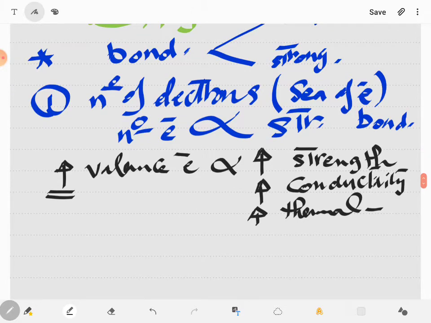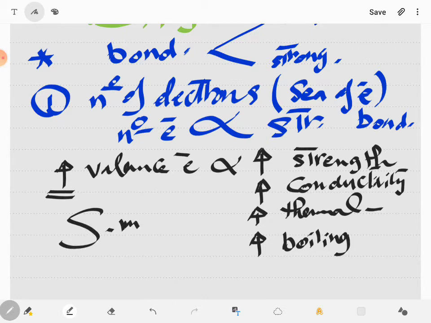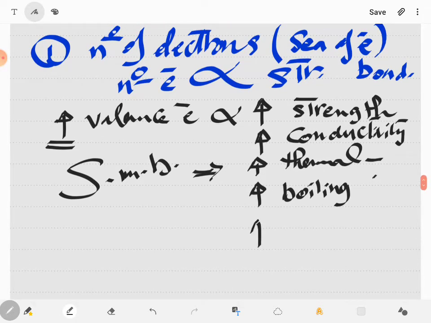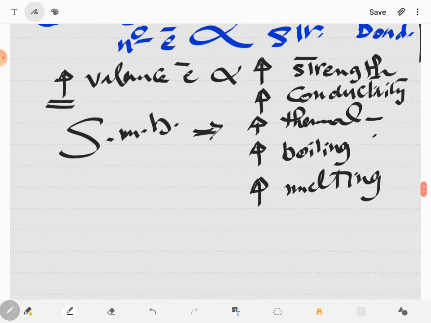It also increases the boiling point because there is a strong metallic bond. So the boiling point will be high, the melting point will be high, and the hardness of the metal will also increase.